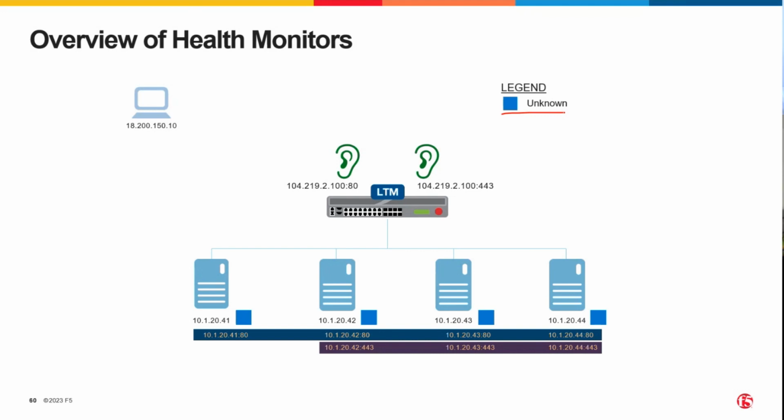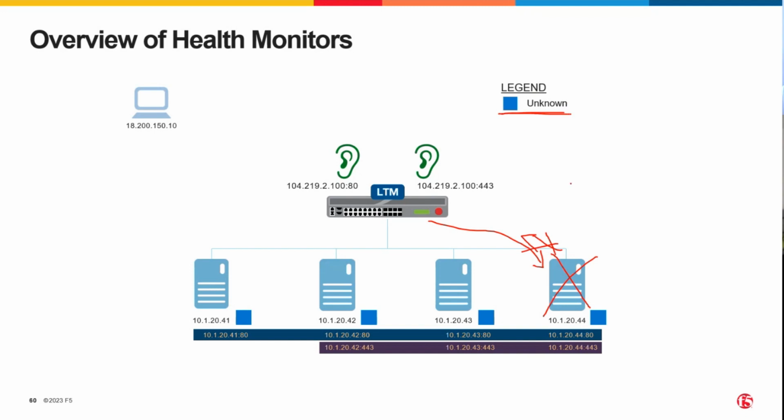But if I don't know the state, BigIP will always try to send traffic to this object. It doesn't matter if it's dead or alive. BigIP will try to load balance the traffic to that server and never get any response because it's not available, for example. So this is the status of unknown.